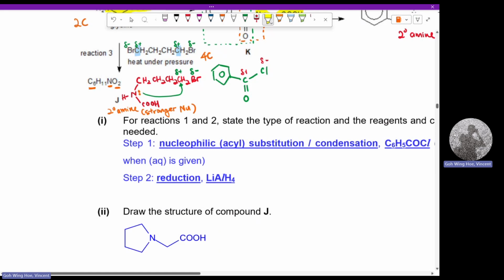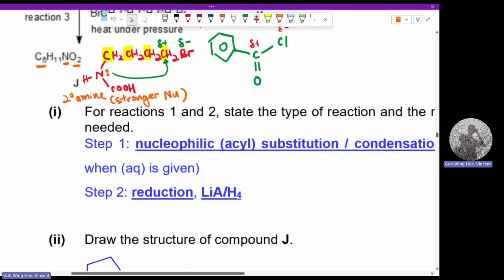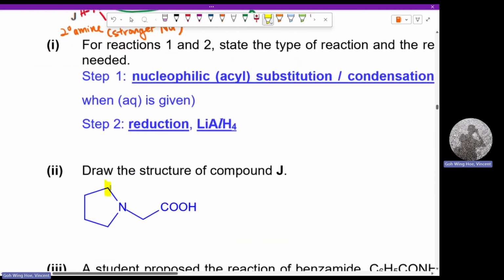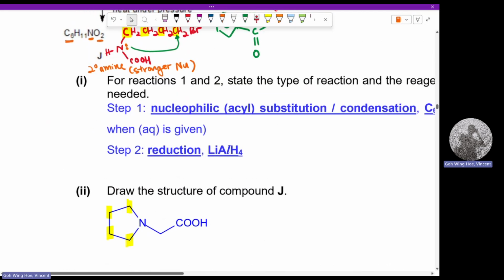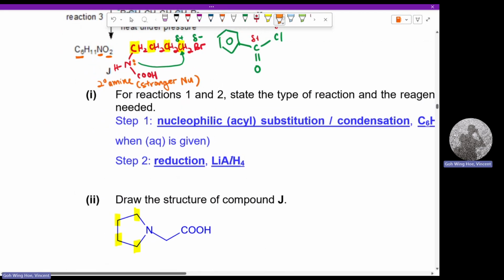So to draw this structure, you need to take note of the total number of carbon atoms. We have 4 of them, which are highlighted in yellow. So the 4 C atoms are over here. Okay, and the nitrogen atom that we have used previously as the nucleophilic end is this N atom here. And then of course, whoops, I think I drew it wrongly.